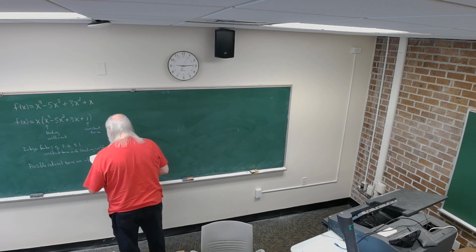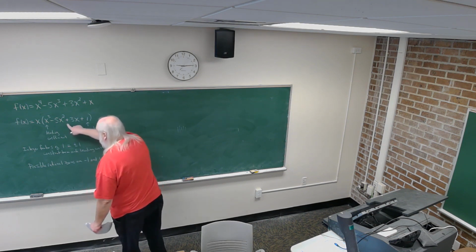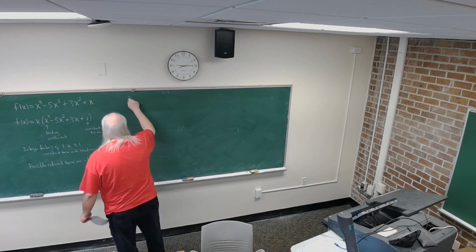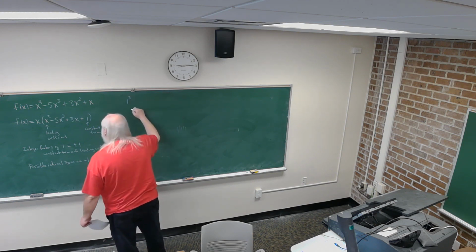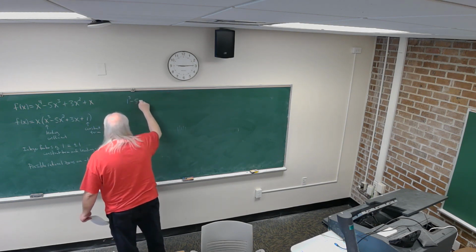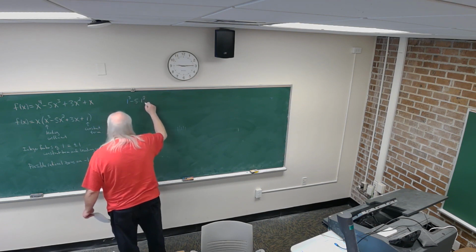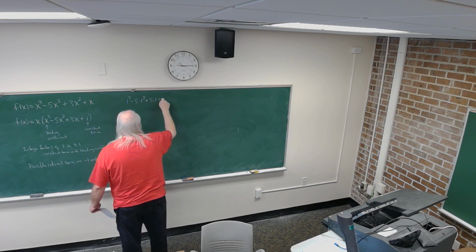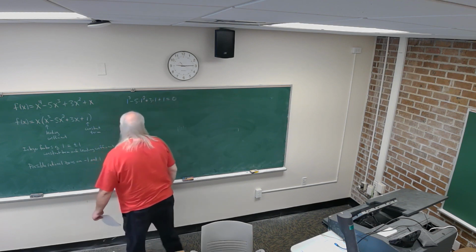So I put in plus 1 into this third degree polynomial. I have 1 cubed minus 5 times 1 squared plus 3 times 1 plus 1, and that equals 0.